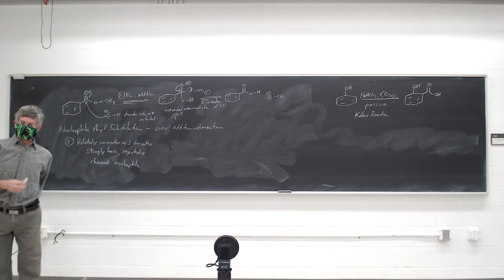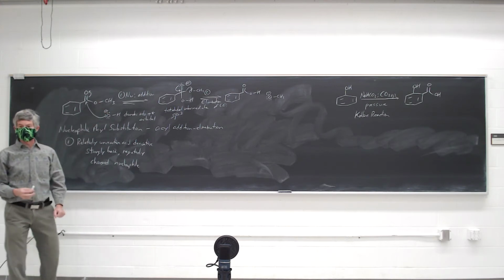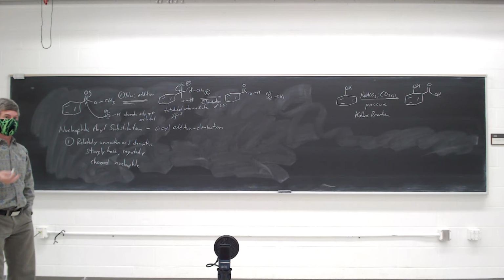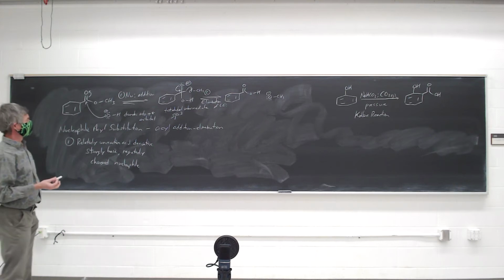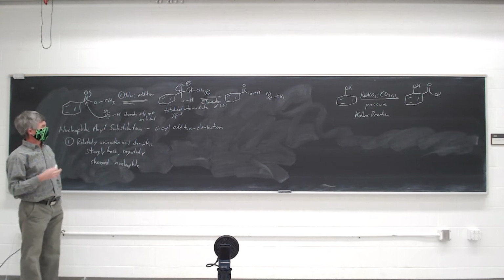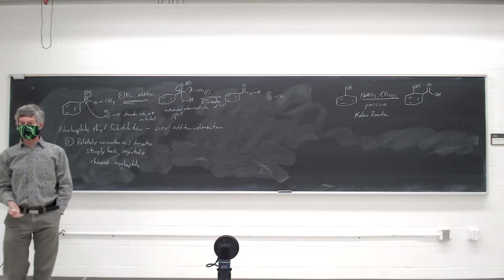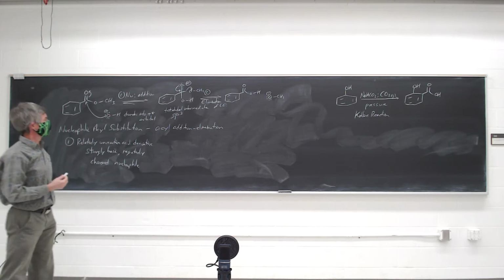group. So this mechanism only works if you have something attached to your carbonyl carbon that can act as a leaving group, which is why the carboxylic materials undergo nucleophilic acyl substitution, and carbonyl groups, where this is hydrogen or carbon, don't have a leaving group, they undergo nucleophilic acyl addition.